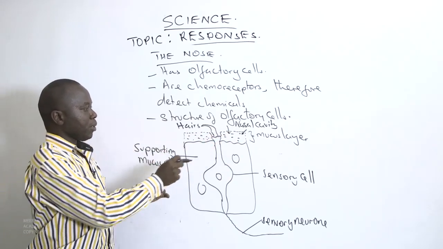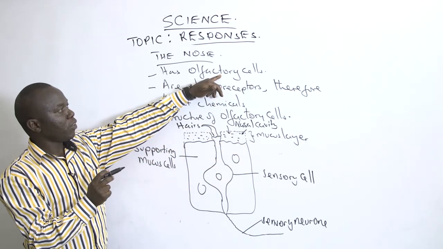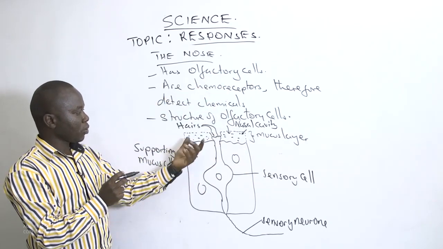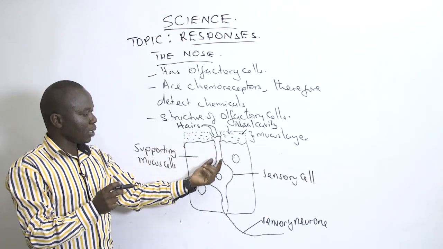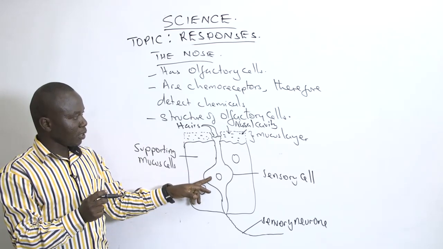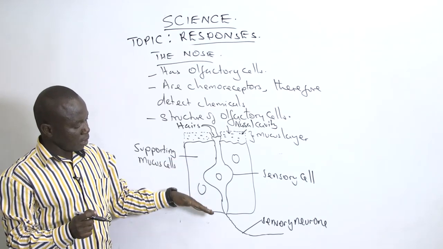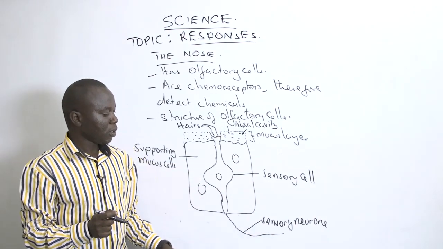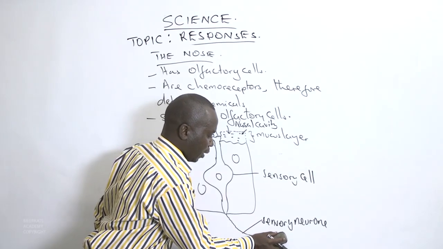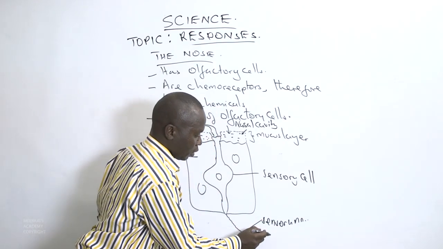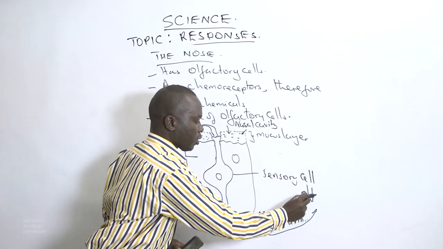When that happens, because mucus is in contact with the hairs of the olfactory sensory cells, the chemicals are detected by these hairs, and the sensory cells will be stimulated. A nerve impulse will be generated and transmitted to the brain. The specific part of the brain where this happens is the olfactory bulb.